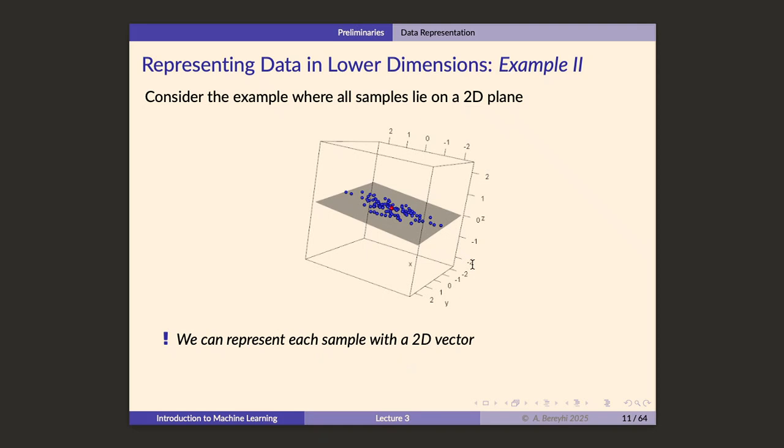But if I want to know that 2-dimensional representation, what should I know? Any clue? I need to know the directions which explain the 2D plane, right? Correct? I did the same thing here in the 1-dimensional case.